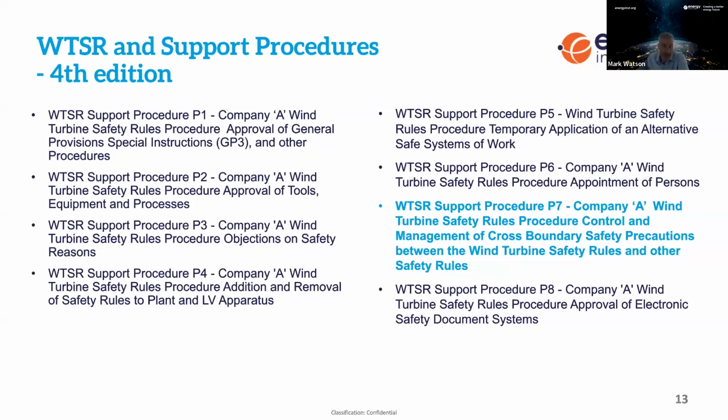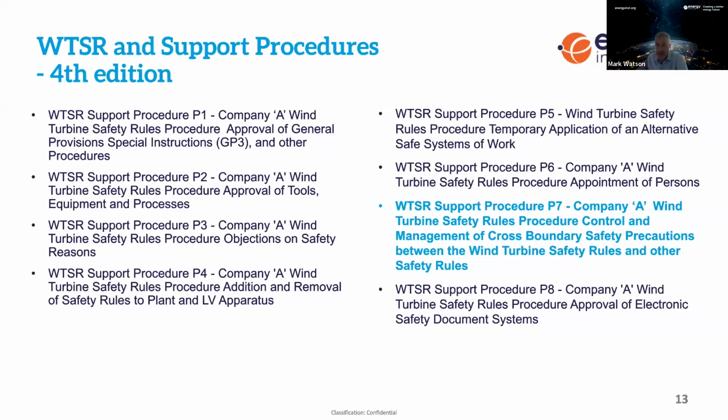P2 being the approved tools and equipment process. P3, objections on the grounds of safety. P4, addition and removal of safety rules and plant and LV apparatus. P5, temporary application of an alternative safe system of work, so the TAS process.